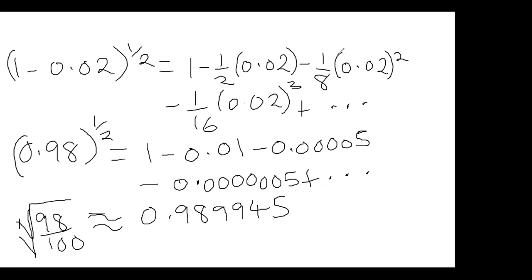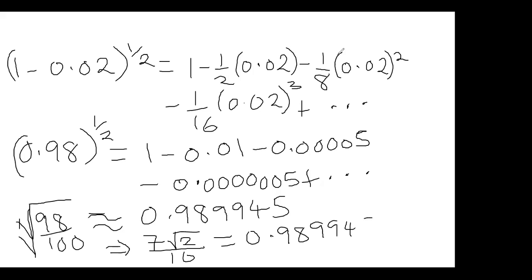So we know the square root of 100 is 10. So we're simply going to have 7 root 2 over 10 is equal to 0.989945. And from there we solve for root 2.